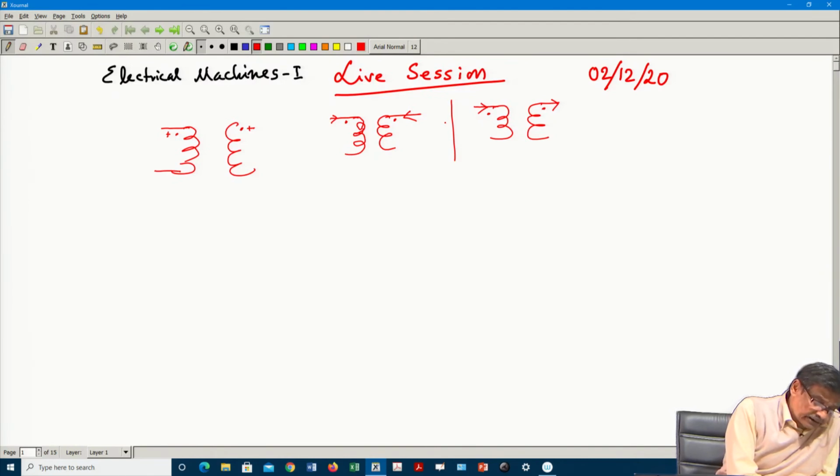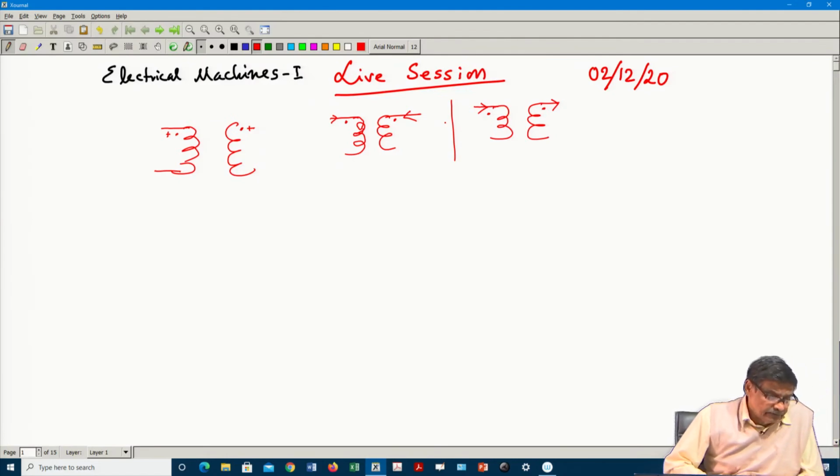Okay, dot polarity, this is fine. One student has asked: can you explain with a vector diagram what would happen if transformers of different phasor groups are paralleled, with an example? With an example it will not be possible, but the idea is very simple.